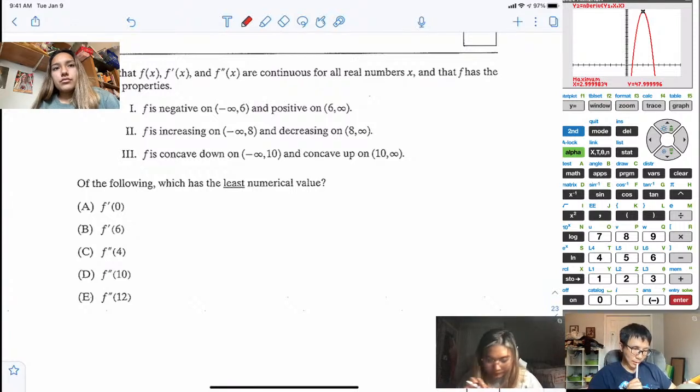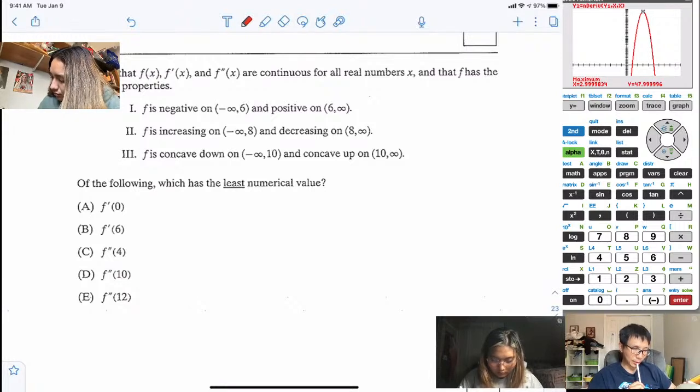So this one is scenario based, you want to think about all the scenarios that happen. Which one has the least numerical value? The condition 1 probably doesn't help. Only condition 2 is useful. So let's look at condition 2.